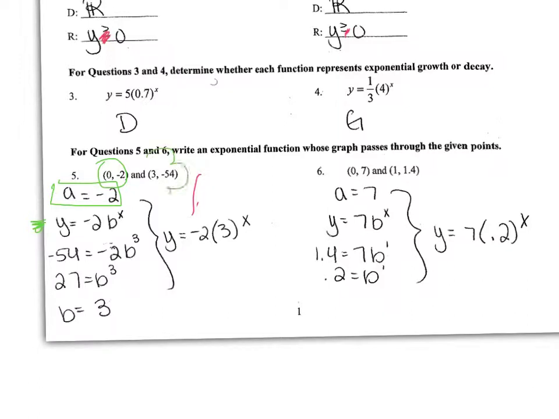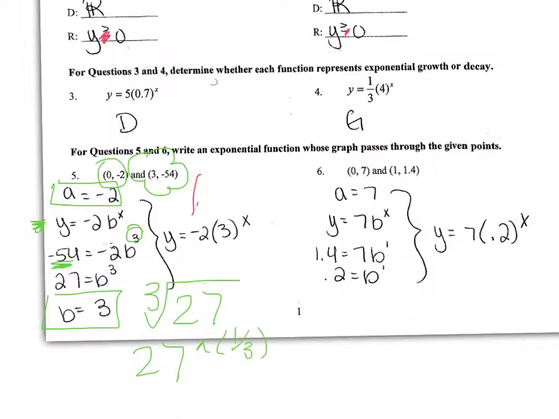Then you can use your point to plug in for the y and x coordinates, and ultimately solve for b. The reason why I got 3 is I did the cube root of 27, or that's the same thing as doing 27 to the 1/3. Something to think about, but it's 3. What number times itself 3 times is 27? Same thing for number 6.